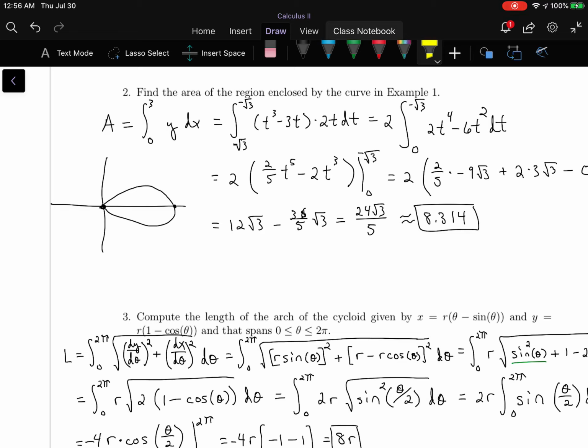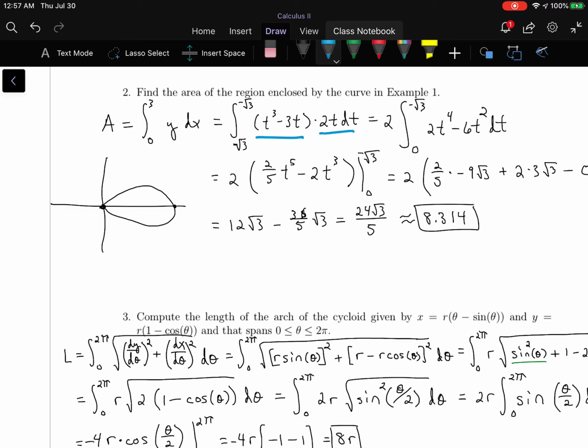And the area is the integral of y dx, so you just substitute in y is t cubed minus 3t, and x is t squared, so dx/dt is 2t, and when you solve for dx, you get 2t dt.